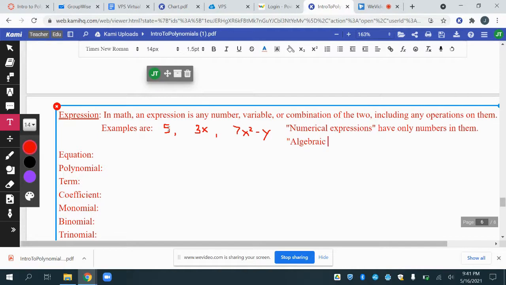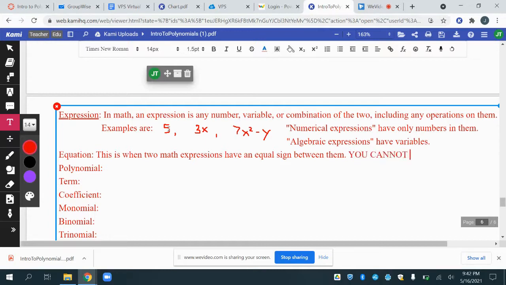Expressions have variables. So that's an important thing. Now, what makes an equation different from an expression? An equation has an equal sign. This is when two math expressions have an equal sign between them.